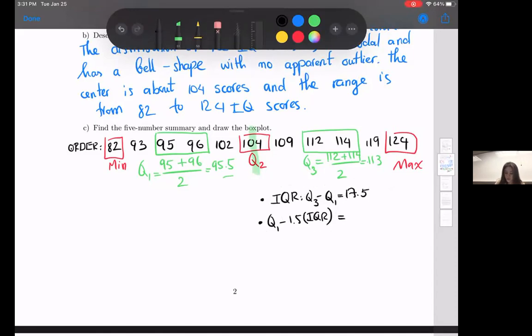Q1 is 95.5 minus 1.5 times 17.5. That gives 69.25.